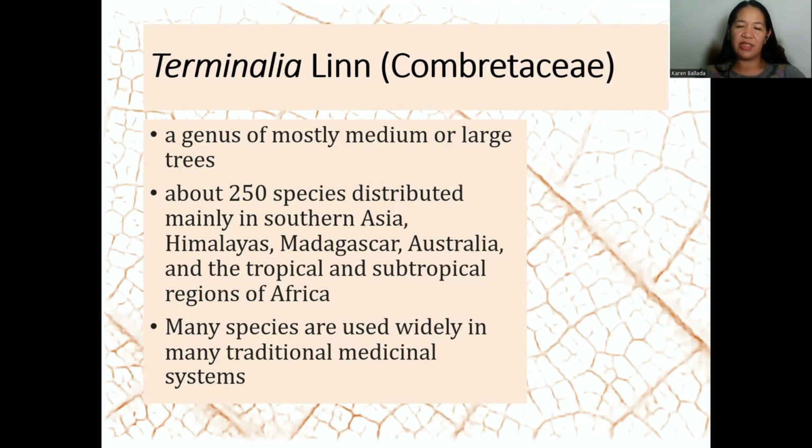About 250 species are distributed mainly in southern Asia, Himalayas, Madagascar, Australia, and the tropical and subtropical regions of Africa. Many species are used widely in many traditional medicinal systems. Here in the Philippines, the talisay is a very good shade tree.